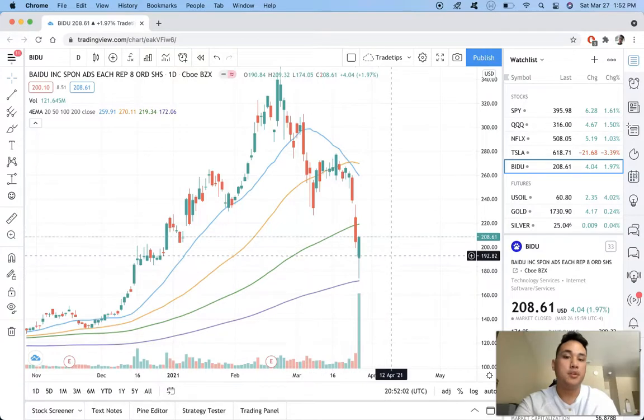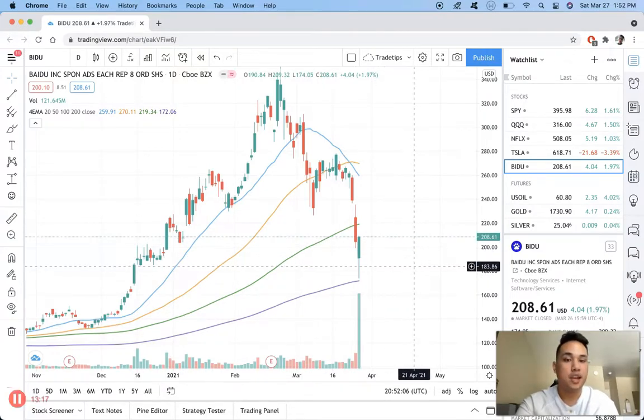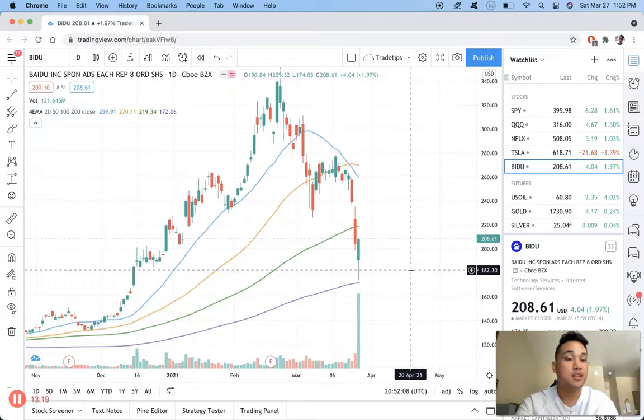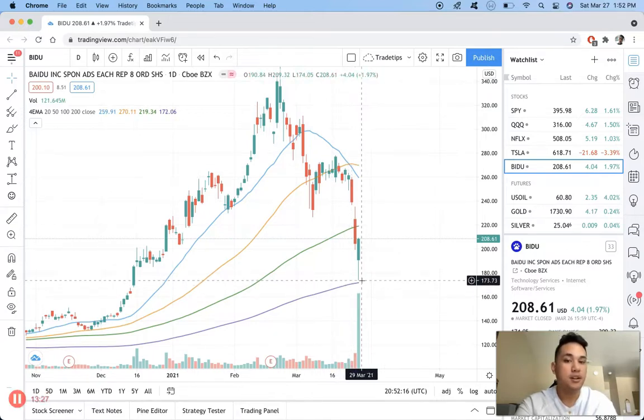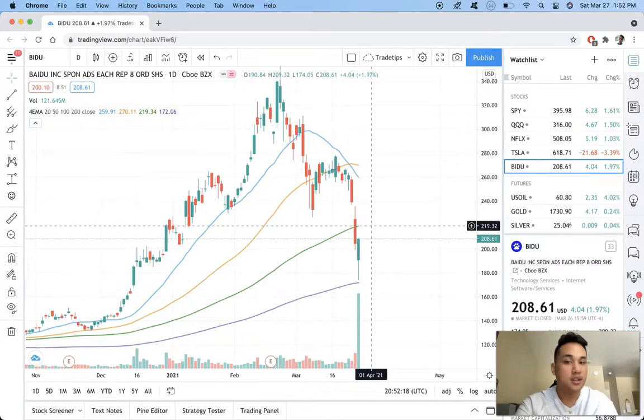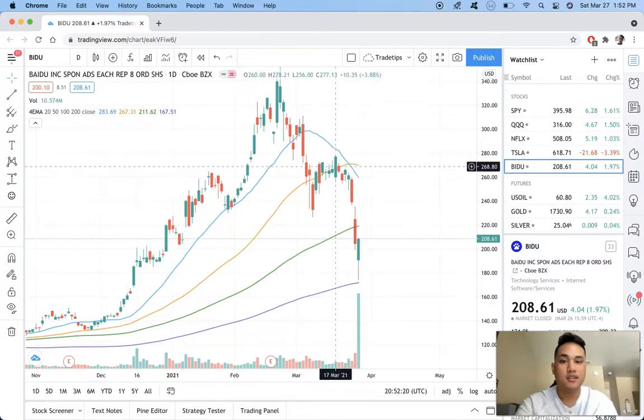And in general, what we find is that the slower moving averages and in the higher time frames have a lot of power. So we would say that the 200 moving average, because it's the slowest one, has the most power. And this one would have a medium amount of power, and these are like low.